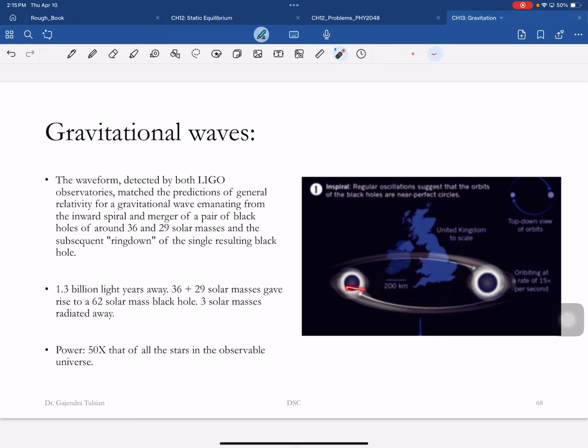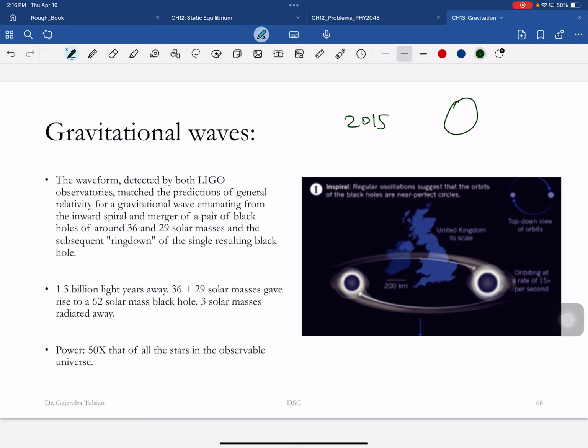This kind of stuff happens all the time. We've been looking for gravitational waves for about 70 years, and 2015 was the first signal we detected. I'm going to set you up, because this was an amazing event.